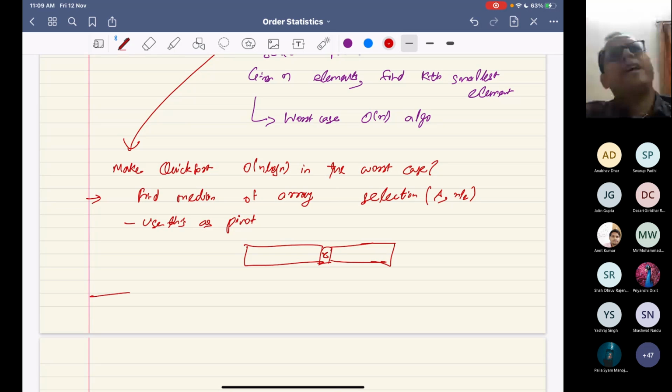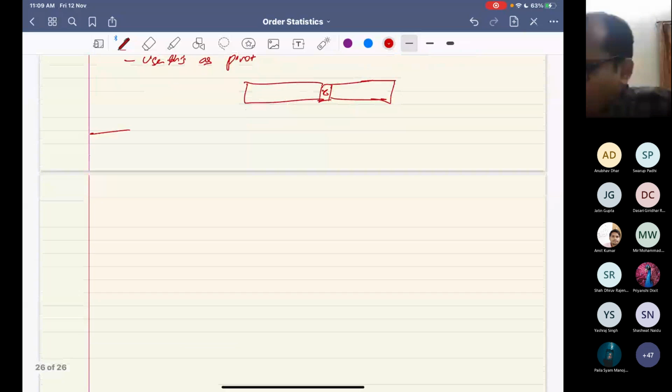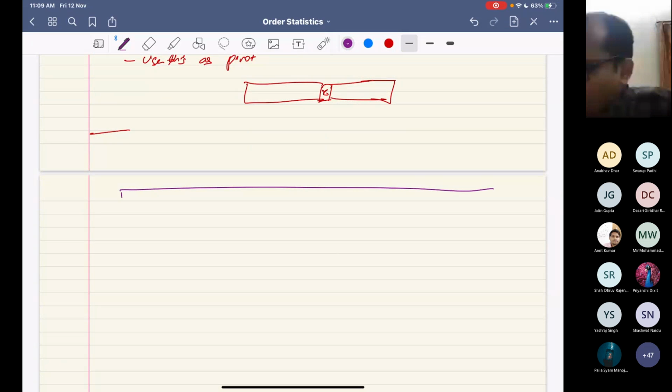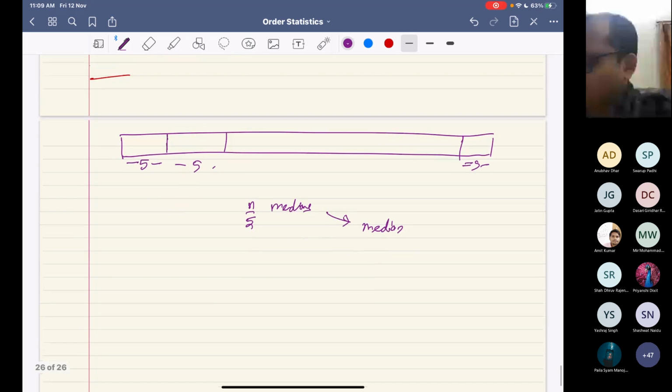Now the next question that you had, okay, so fine, what we do here, we take this array of size n, break into groups of 5 each. Find medians and their median, and we use that.